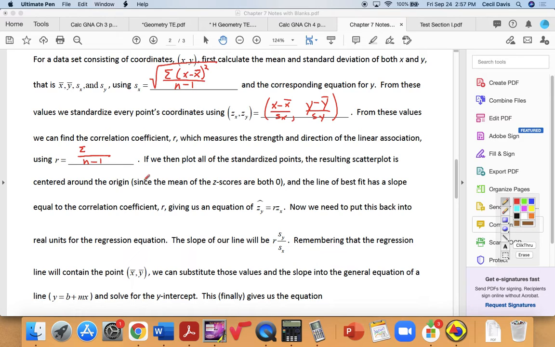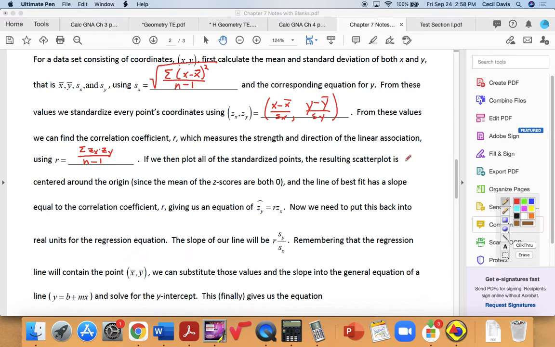The z-score in x times the z-score in y. That's one where I don't think I've ever calculated that by hand. Now that seems awful. Well, and unless your data set is pretty small, doing all of these things to a whole bunch of data is pretty ugly, right?